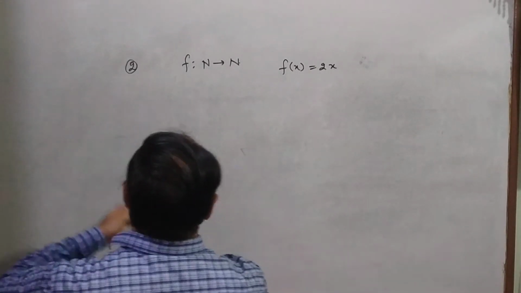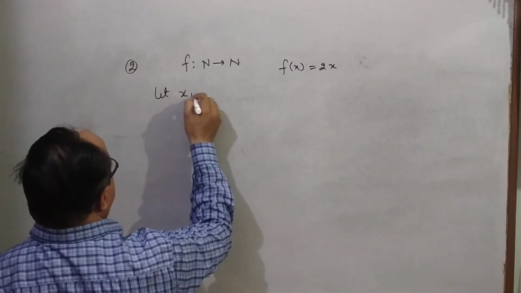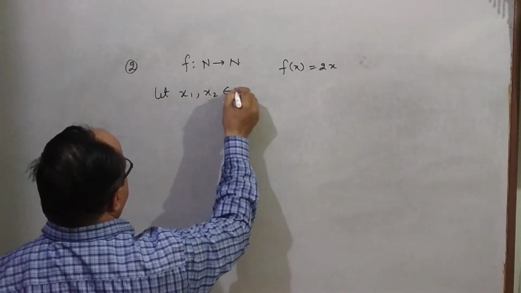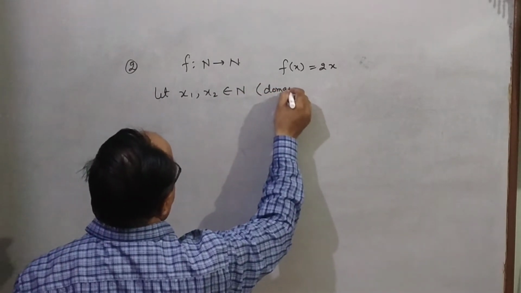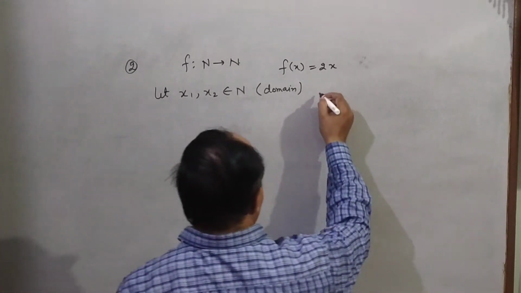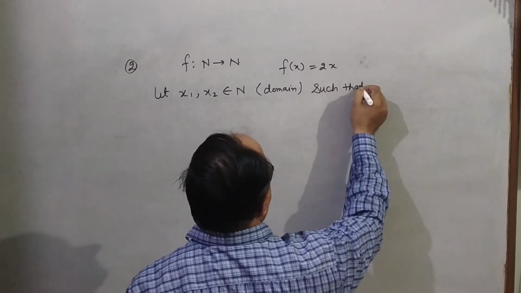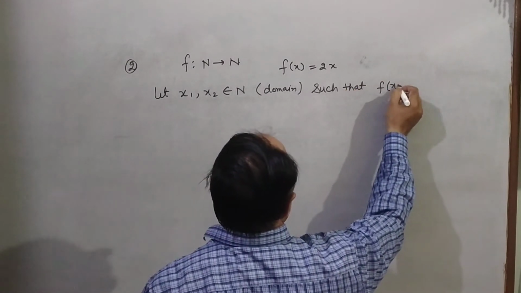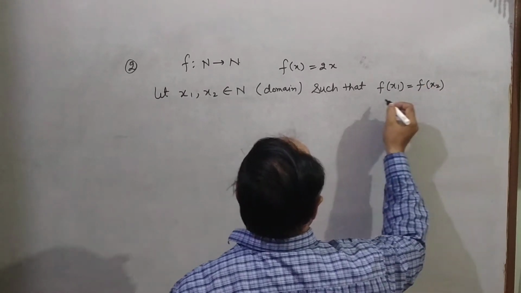For 1-1, let x1, x2 belong to N, where N means the domain, such that f of x1 is equal to f of x2.